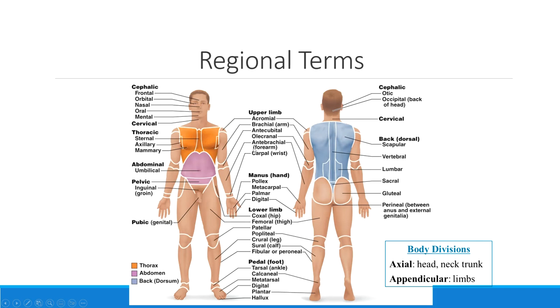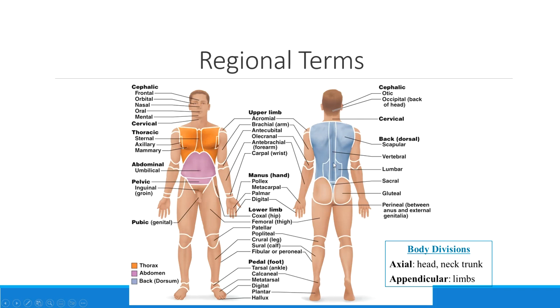If we go to the back side of the body in the same general area, let's look at some of the regions that we have there. Starting with your shoulder blades, these shoulder blades are a bone known as the scapula. So the scapular region is what we have on either side of the back of our chest.